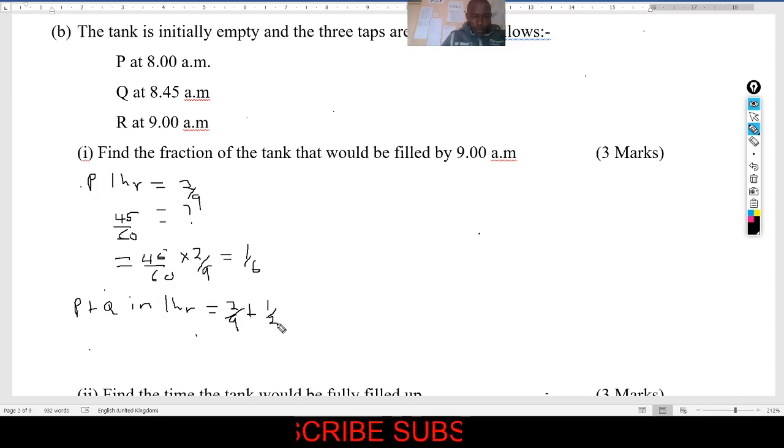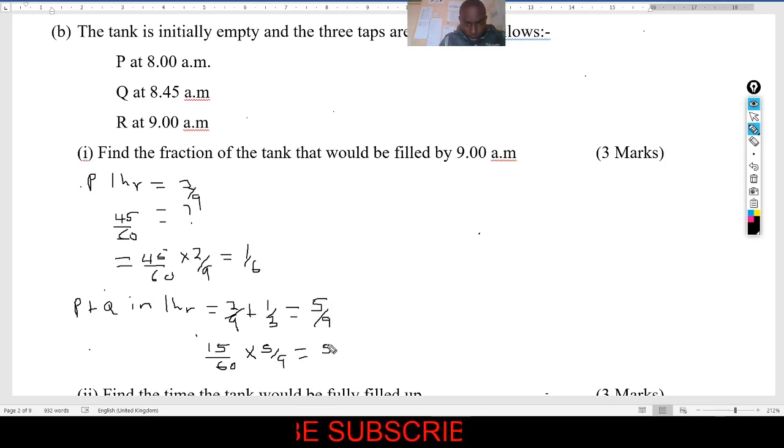So the two of them in 1 hour will fill 5/9 units. Now what about the 15 minutes? 15 minutes will be 15/60, the two of them. In 15 minutes they will fill 15/60 times 5/9, that gives 5/36.